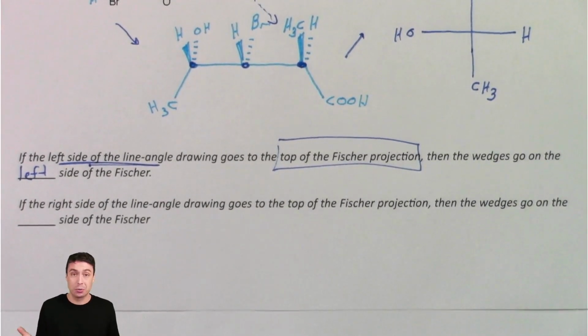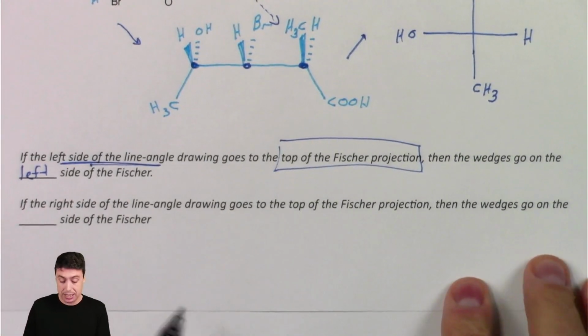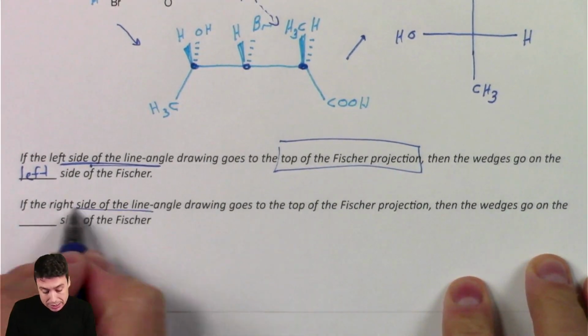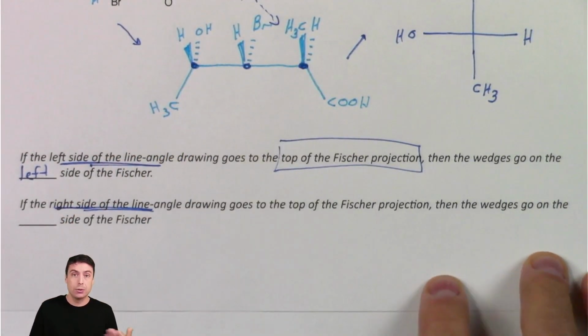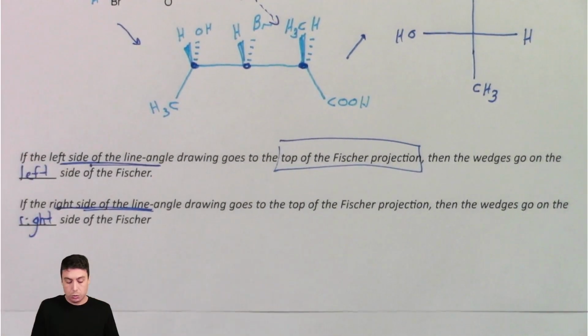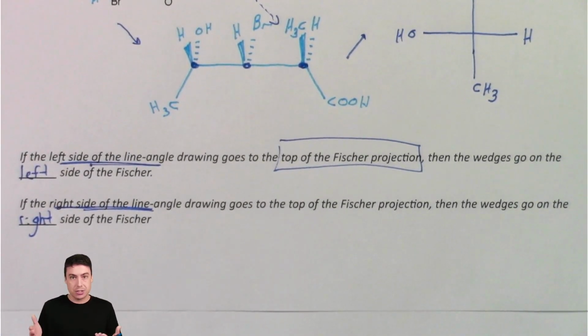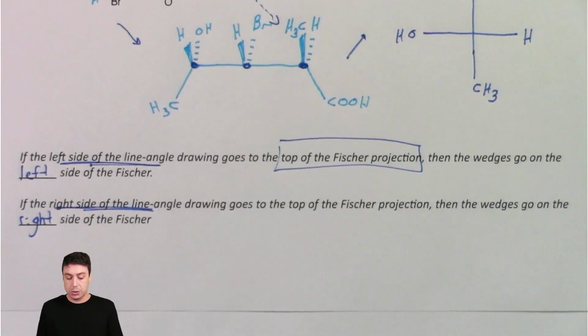The dashes would go to the right. Great. If the right side goes to the top of the Fischer, which is what we did in the second example, then what happened? All of those wedges ended up on the right side. So you can think of it like, oh, so the wedges kind of follow whichever side goes to the top. Yeah, that's exactly it. That's all that we're trying to do. So that is the way to visualize it.